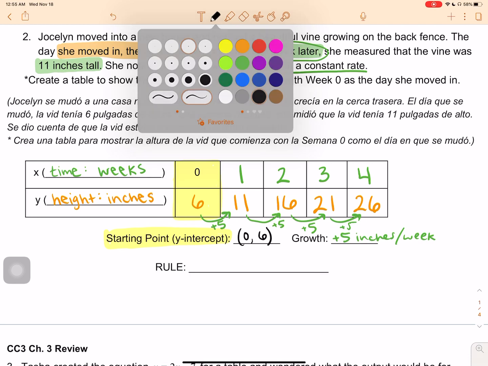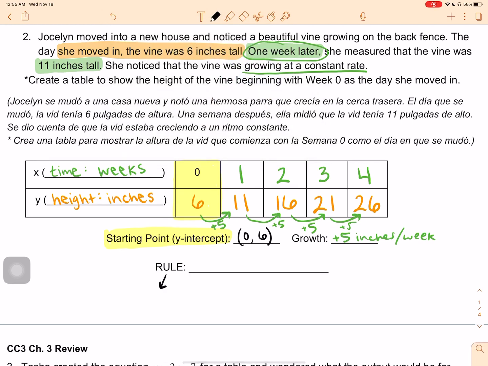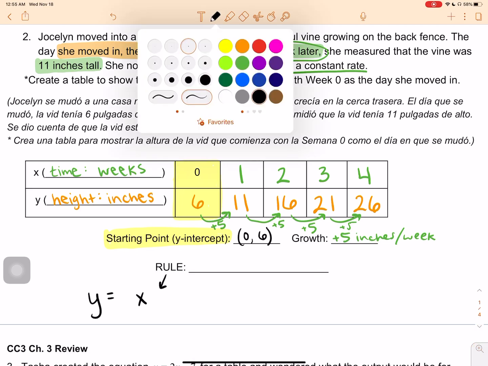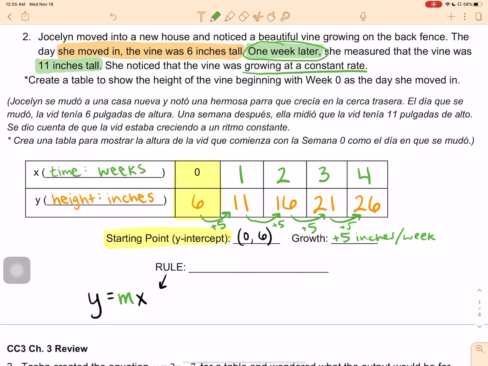So I'm going to remind you about the rule of a line. Y equals something x plus or minus something. I'm going to use green for the growth, M. M is the growth, not mx, just the M. That is our growth. Plus B, whatever the B is, your starting point.